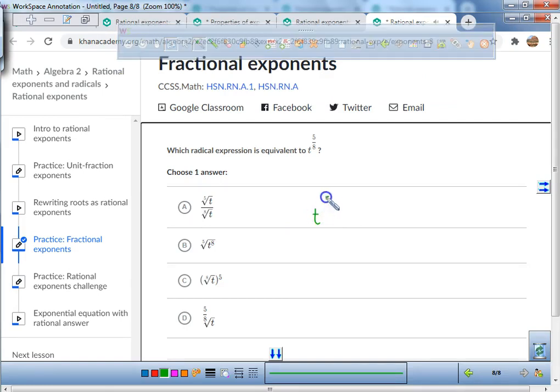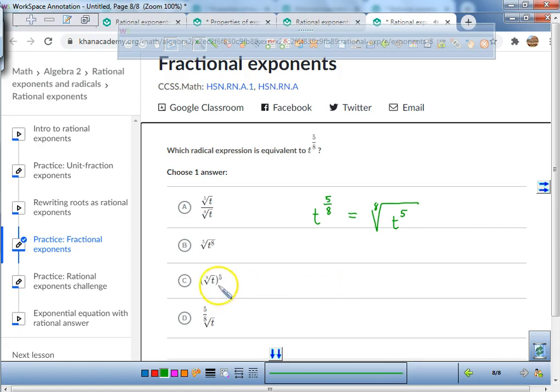T to the power of 5 over 8 equals, what's going to be in the index, everybody? 8, good. Now I'll put t to the power of 5. All right. You're like, wait a second, I don't see this right here. So what answer do you think is going to be the correct answer? Do you think it's going to be A, B, C, or D? Which one do you think is going to work out? If you had to choose one and your life depended on it.